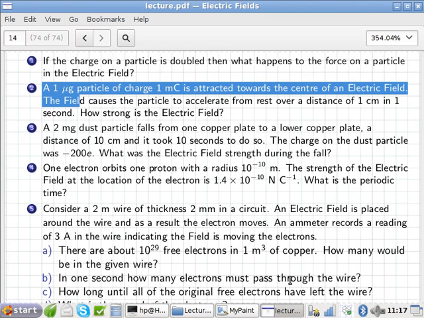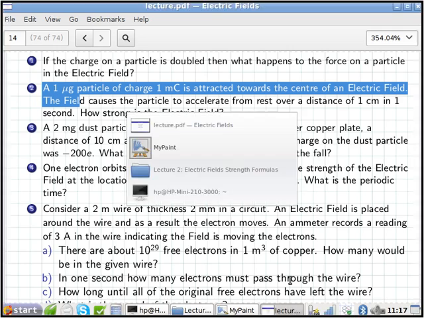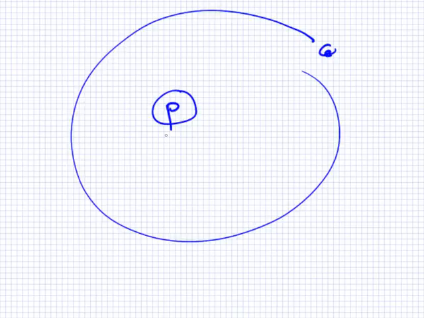One electron orbits one proton with a 10 to the minus 10 radius. The strength of the electric field is 1.4 times 10 to the minus 10. So, I've got a proton, an electron, and it's orbiting. So far, so good?